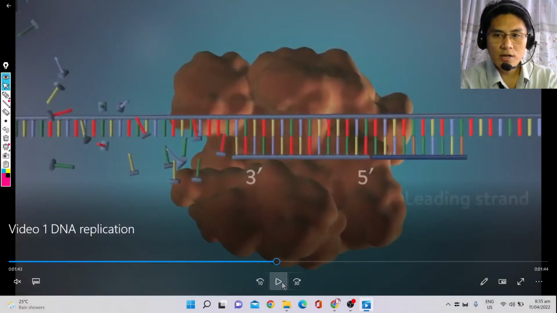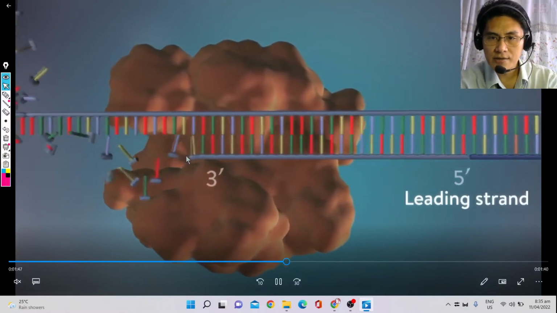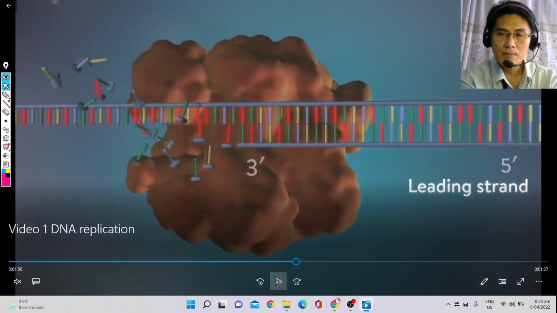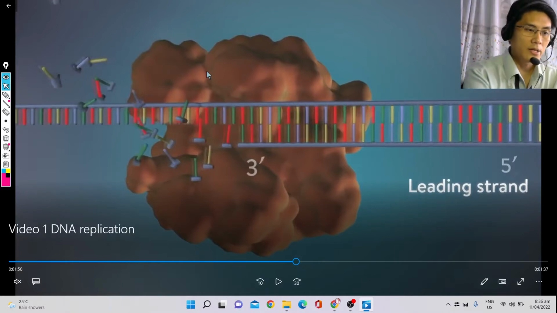Think of it as when this DNA polymerase sucks in, just like what you can see here, those nucleotides from the surrounding material, because these DNA nucleotides are just floating in the material.